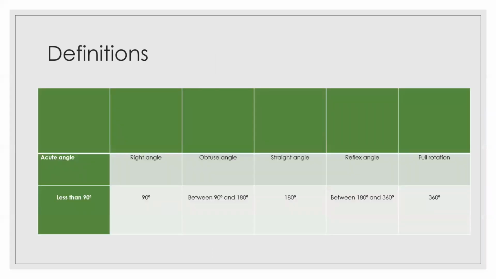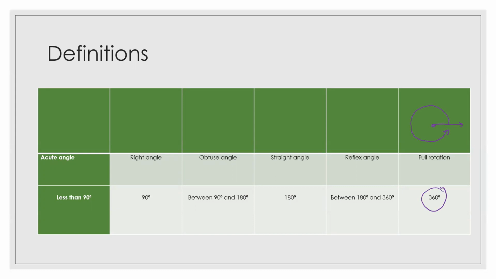So the types of angles, you've seen this before, right? You've seen that full rotation, when you have a point right here and a ray, you know that a full rotation is 360 degrees. We say that all the time, right?